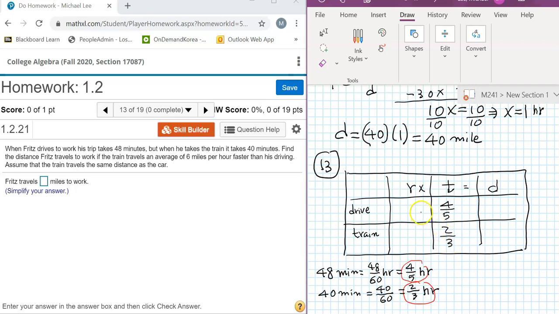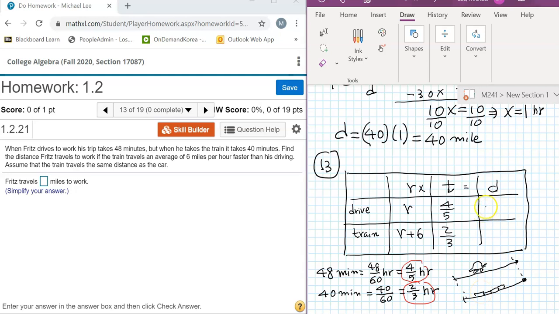And then I don't know what was speed. So if I call this speed R here for drive, the train is faster. How much faster? R plus 6. Just like before, whether he takes the car or whether he takes the train, the distance is the same, isn't it?